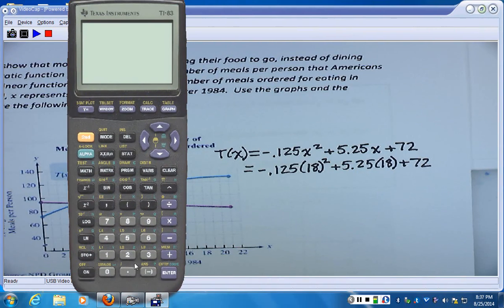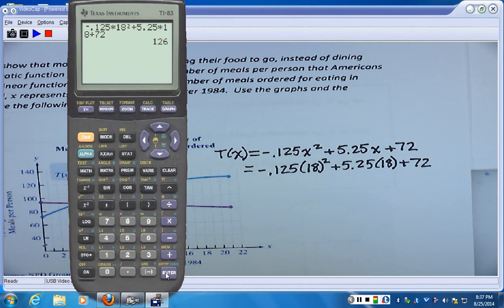Okay, so negative 0.125 times 18 squared. The calculator lets you just flip the squared thing here. Plus, it lets you get away without the parentheses. 5.25 times 18 plus 72.